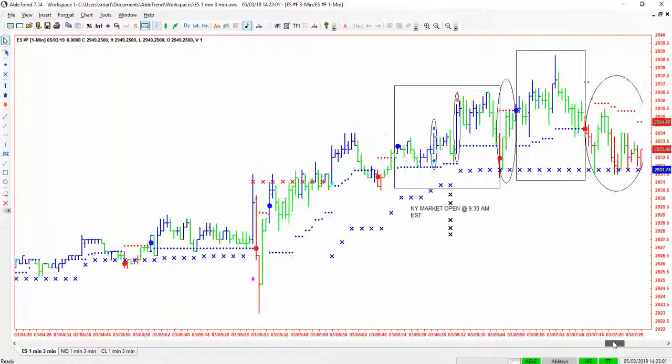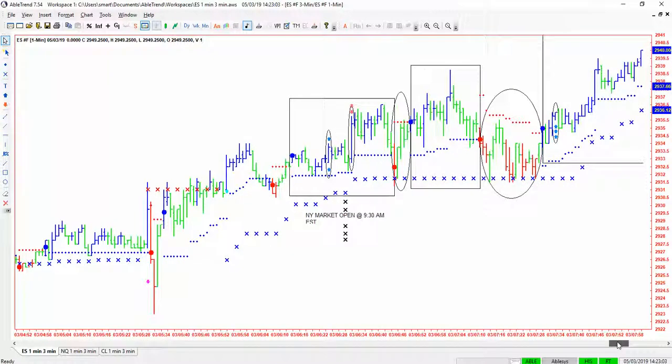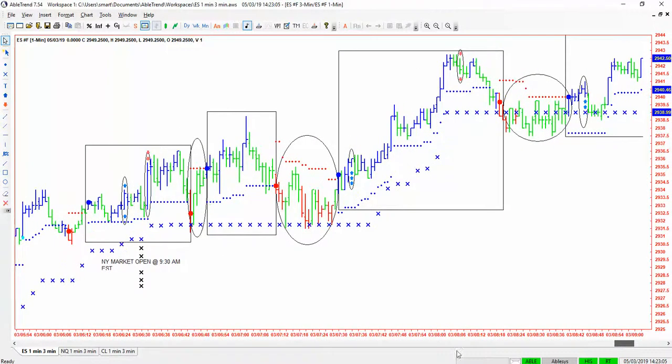Pull up your charts. Pull up the ES on your chart on a 1 minute time frame. Make sure that your timeline's right, or in sync with mine. Like you started right here.